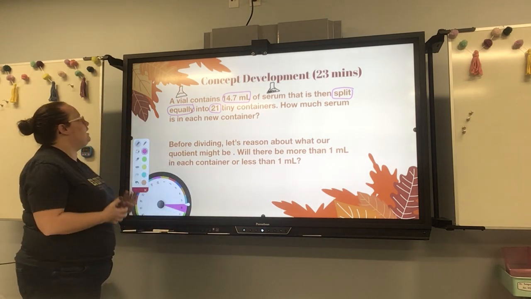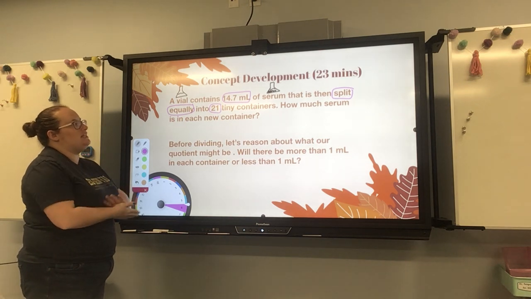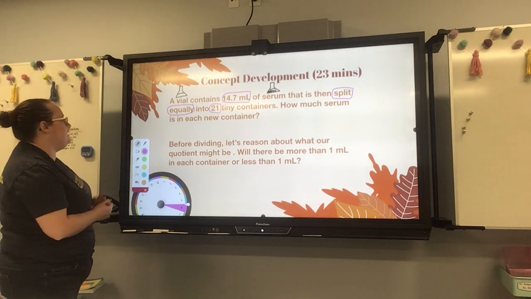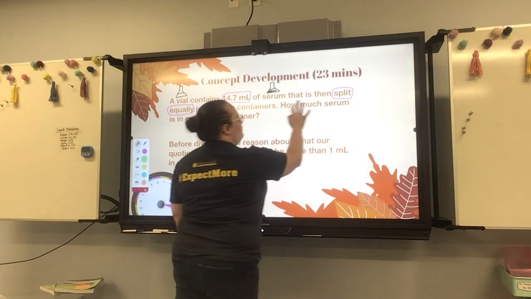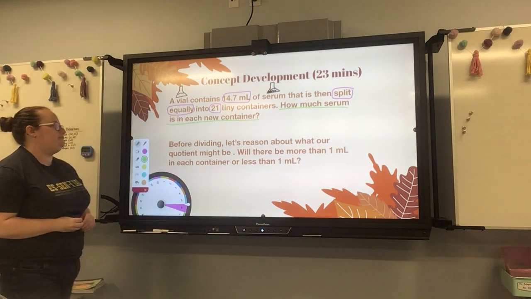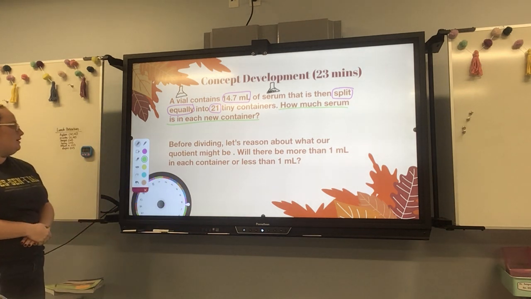So again, we're reading, a vial contains 14.7 milliliters of serum that is then split equally into 21 tiny containers. How much serum is in each new container? Well, again, what would my division problem be?